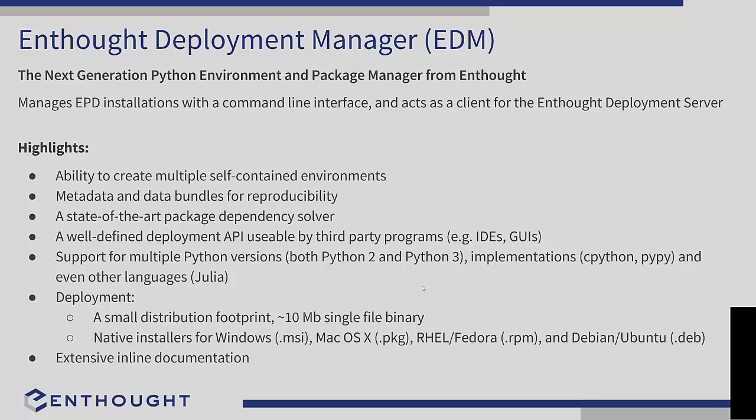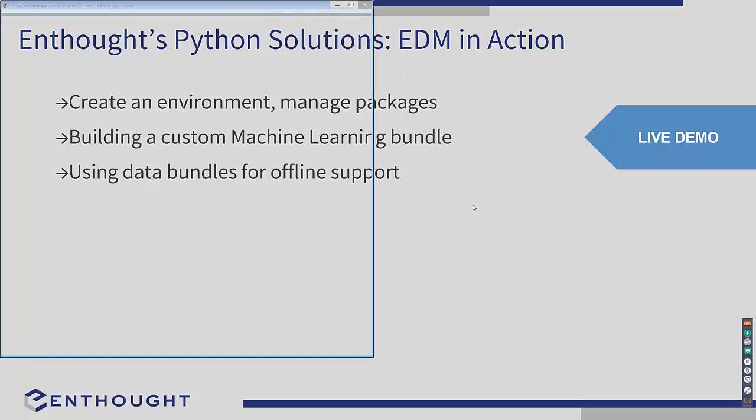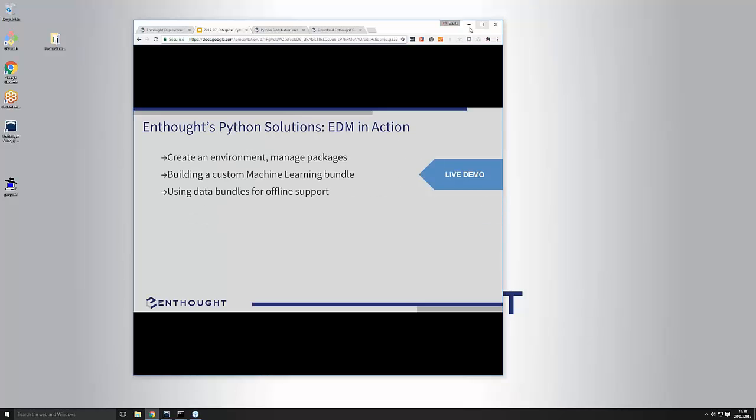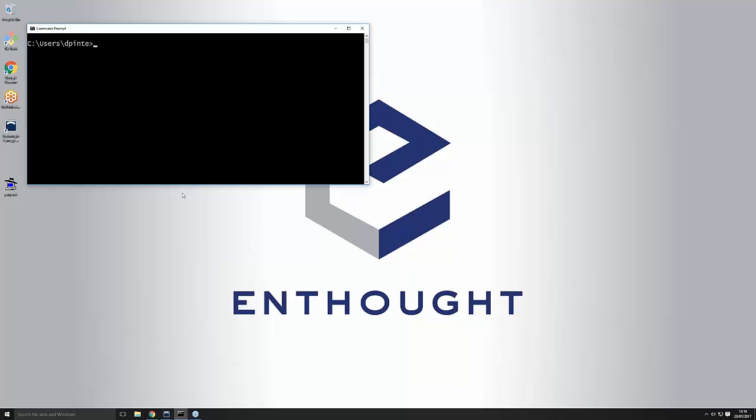Good. If you're ready for seeing a live demo, I'll switch into live demo mode and try to show you how you can use EDM for doing useful stuff. I just removed the slide, and I told you EDM is a command line tool, so I'm opening a Windows command prompt here. You could do exactly the same commands on the other OSs, so if you're on OS X or Linux, that's perfectly fine.